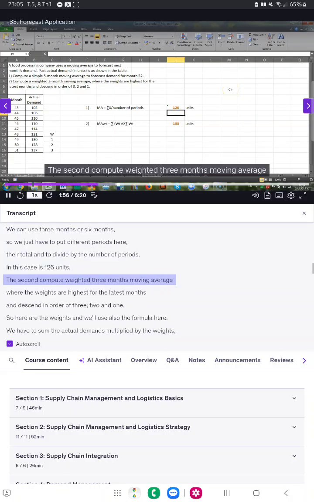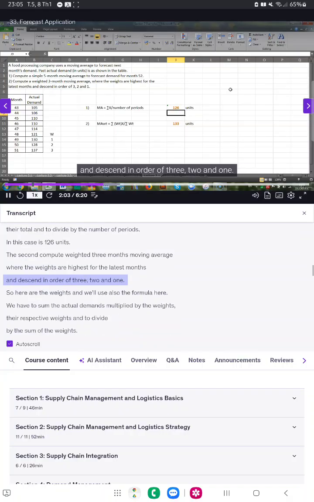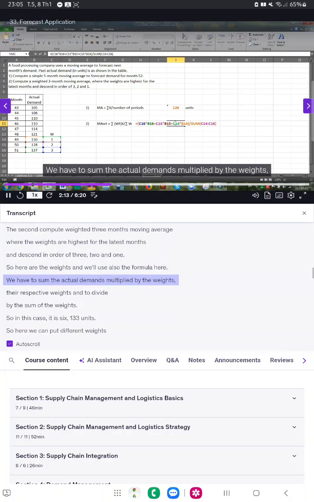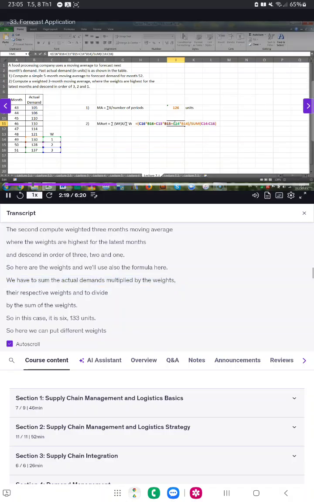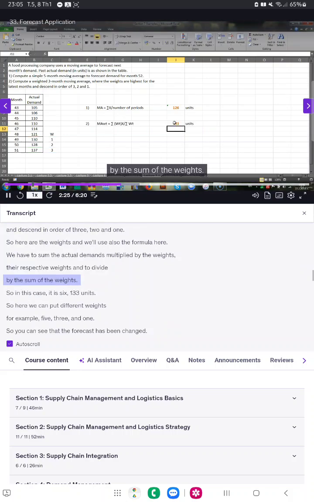Second, compute a weighted 3-month moving average, where the weights are highest for the latest months and descend in order of 3, 2, and 1. So here are the weights, and we also use the formula here. We have to sum the actual demand multiplied by their respective weights, and divide by the sum of the weights, which is 6.